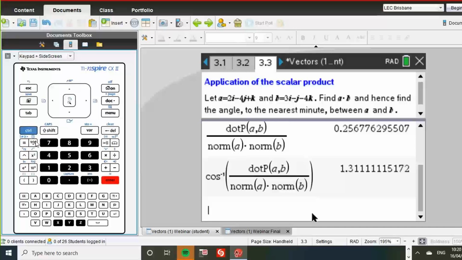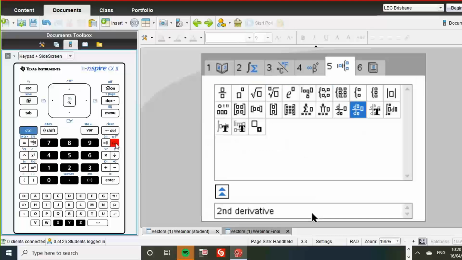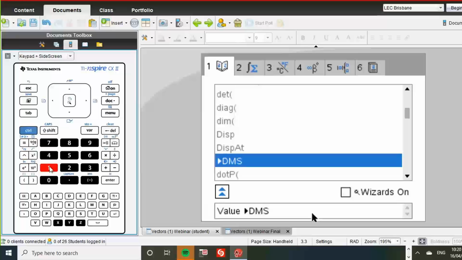Now the question asks us to find the angle in degrees to the nearest minute. So if we press the catalog button, which is the open book icon, we go to number 1, which is our list of A to Z commands, and fortuitously, it has landed on the convert your angle to degrees, minutes, seconds. So the arrow is the conversion, and then DMS is degrees, minutes, seconds.